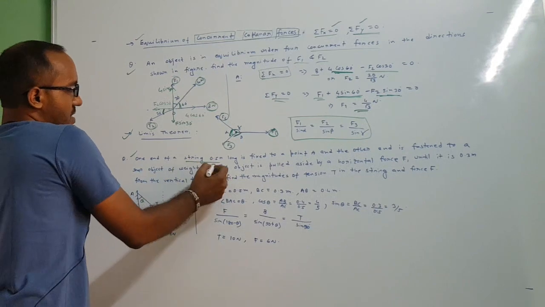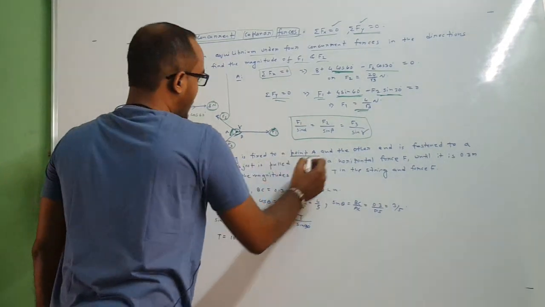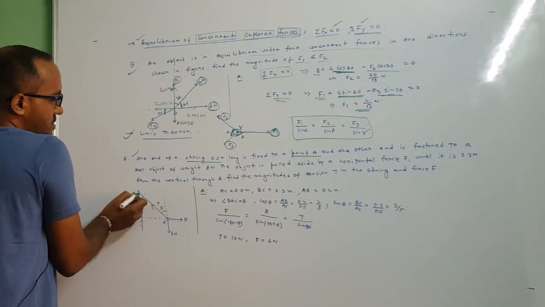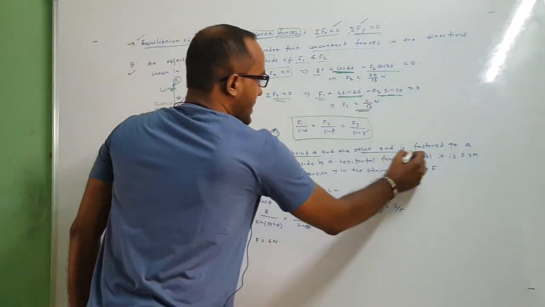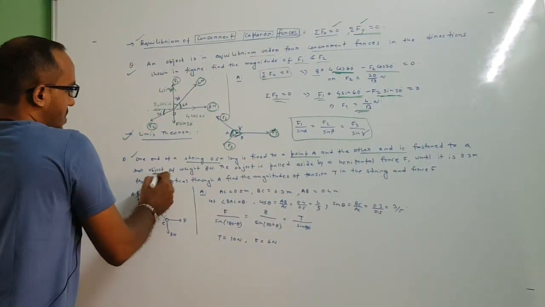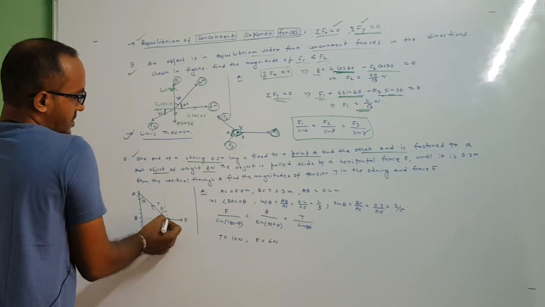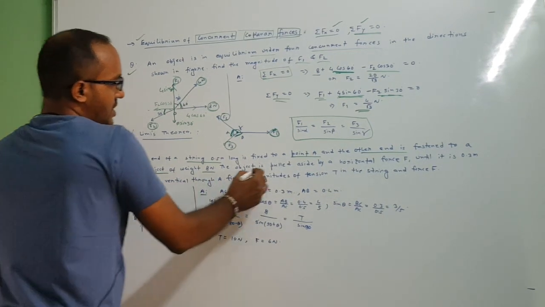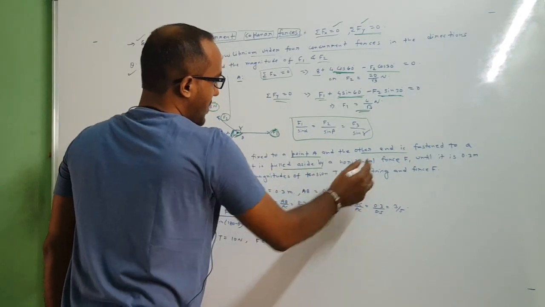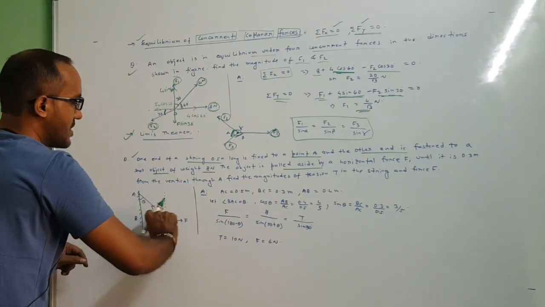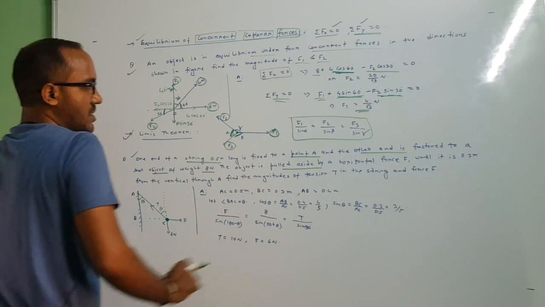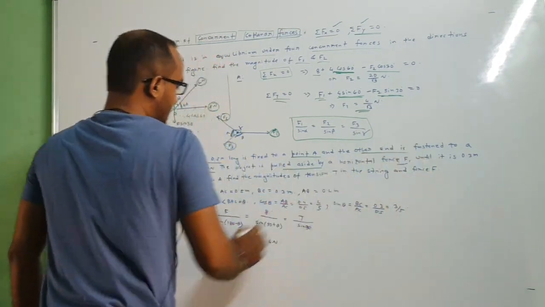One end of a string 0.5 meter long is fixed to a point A, and the other end is fastened to a small object of weight 8 Newton. That means this object has weight 8 Newton. The object is pulled aside by a horizontal force F until it is 0.3 meter away.